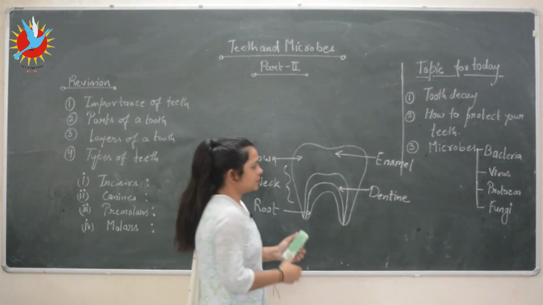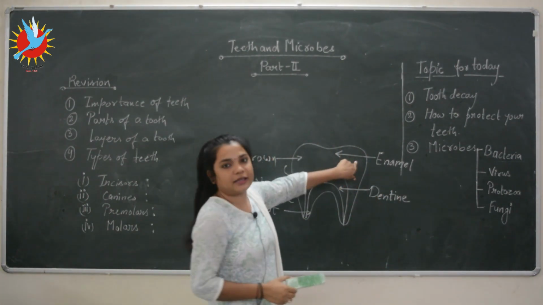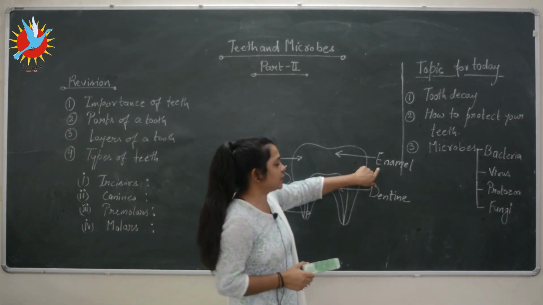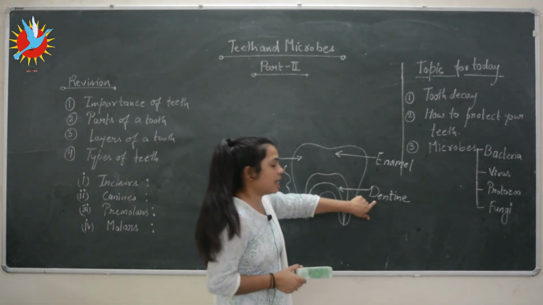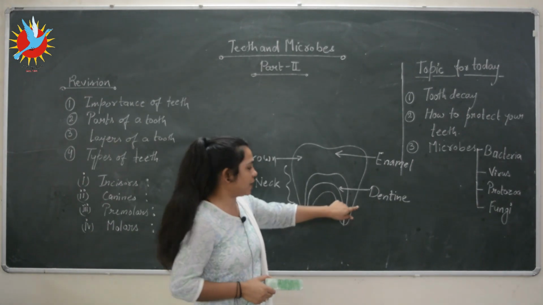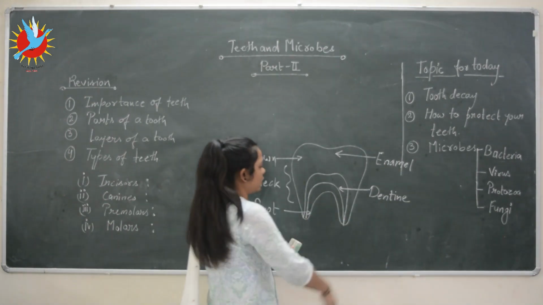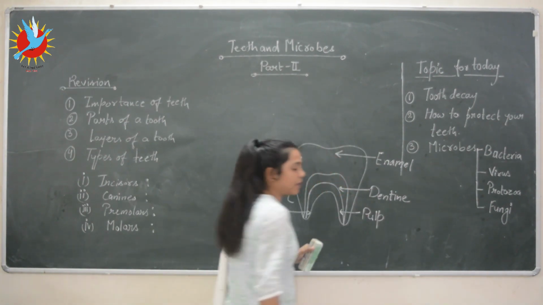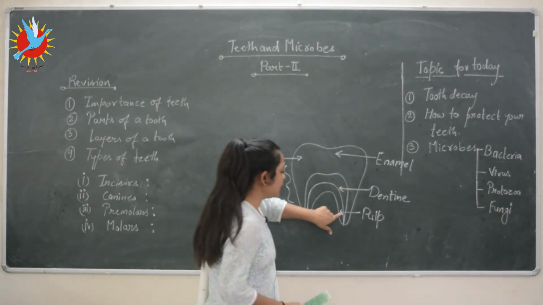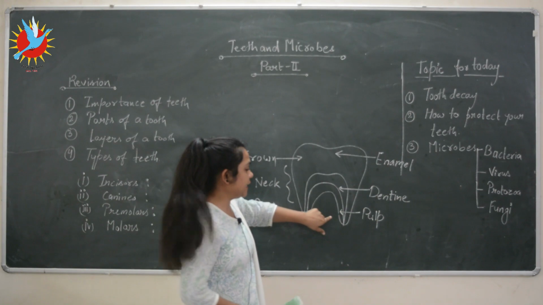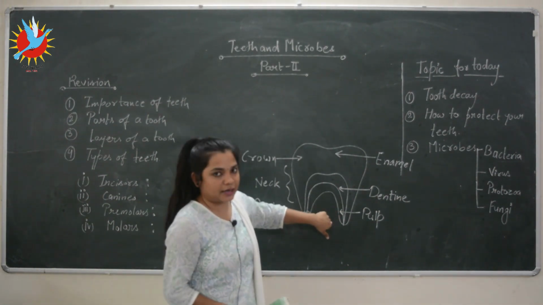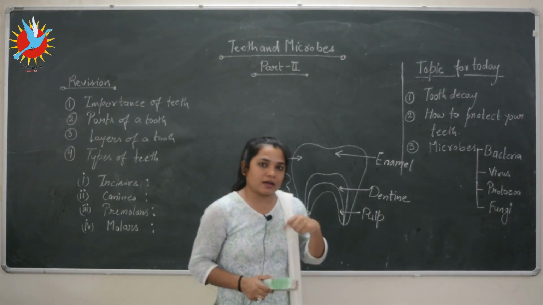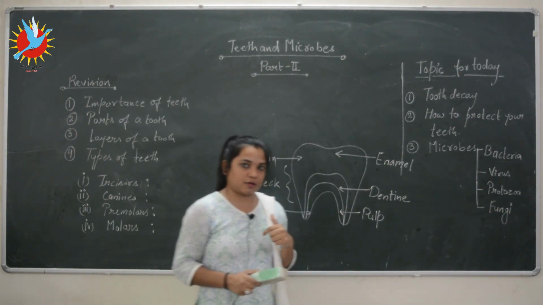This layer is a little bit softer than the enamel because enamel contains an excess amount of calcium, whereas dentine has less calcium in it. Now the third and innermost layer is known as pulp. This layer of a tooth contains veins and nerves inside it. That is why you feel some sensations.